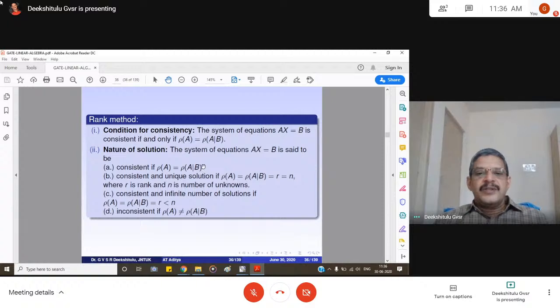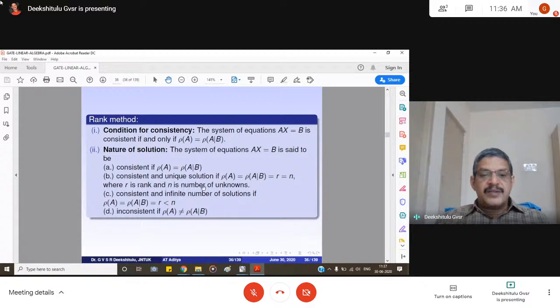Nature of solution. The system of equations Ax is equal to B is said to be consistent if rho of A is equal to rho of AB. Consistent and the solution is unique if the rank of A is equal to the rank of AB, which is equal to the number of unknowns, where r is the rank and n is the number of unknowns.